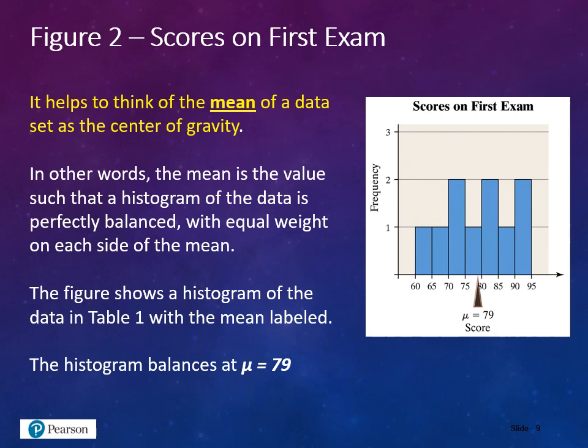As you can see in this diagram, we would have an equal weighted side from 60 to 79, as we would from 79 to 95. The figure shows a histogram of the data in table 1 that we just looked at, with the mean labeled, and the histogram balances at mu, not u, mu equals 79, which is the population mean.